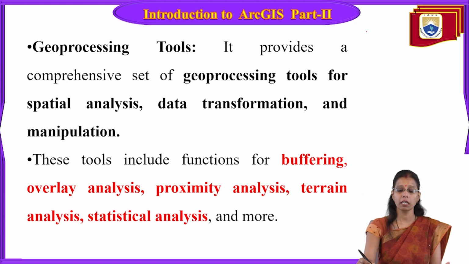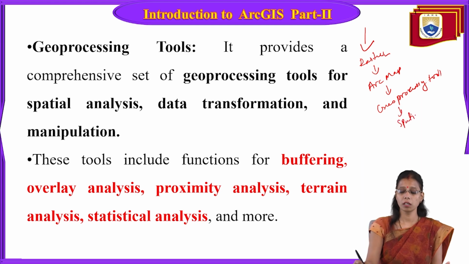So geoprocessing tools are very helpful in spatial analysis. What is spatial analysis? Once you enter or feed the data as raster in ArcMap, we can use this geoprocessing tool for spatial analysis.